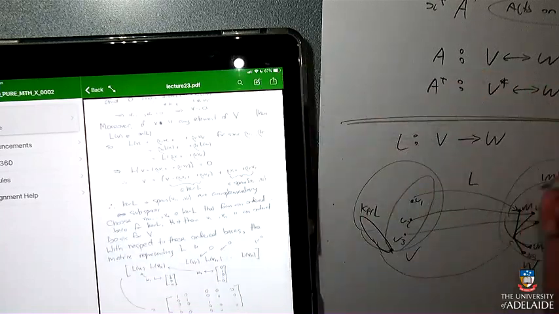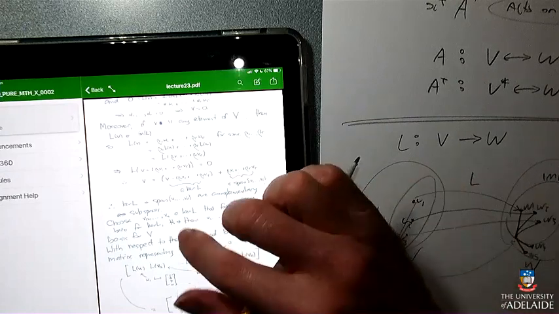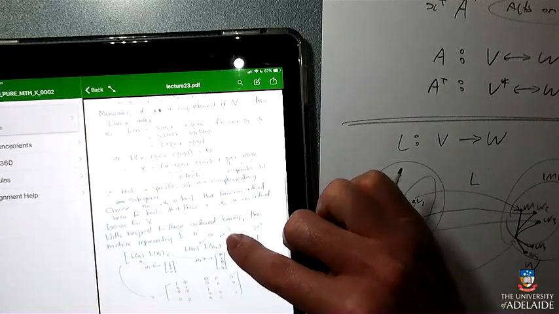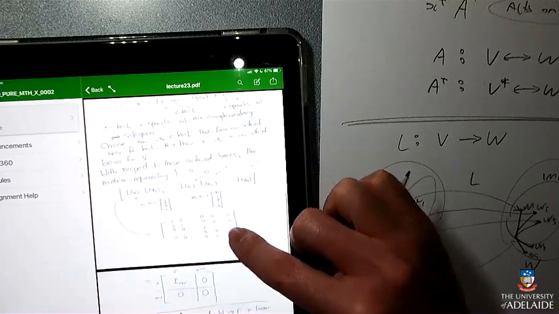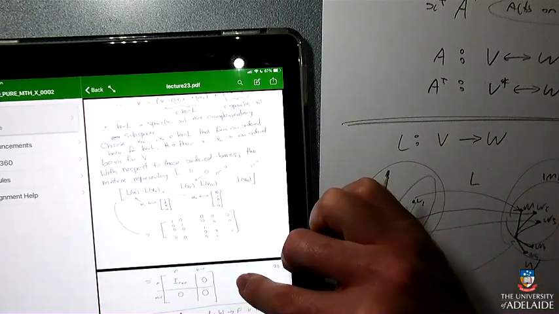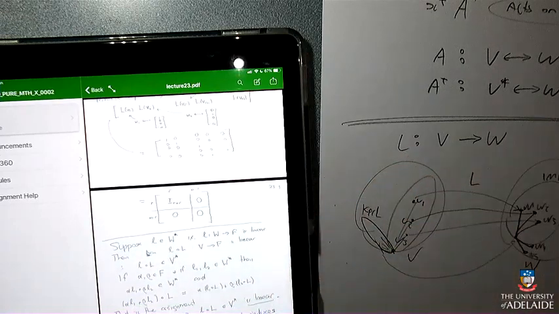Choose a basis for the kernel as well. With respect to these ordered bases, the matrix ends up being this. Cool, that makes sense to me now. All right, I now know what he's doing with those bases.